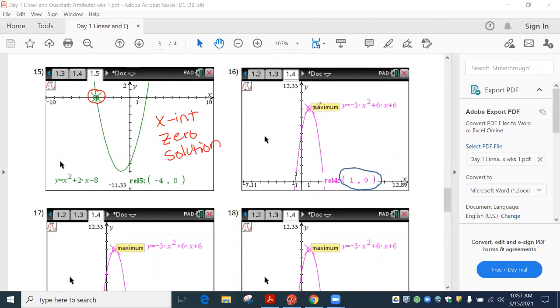All right, this one is not touching the y-axis and it's not touching the x-axis, but this is at the very top, and it's circling both the x and the y. So which of these would have the x and the y? Now remember, vertex has the x and the y. So this is a vertex.